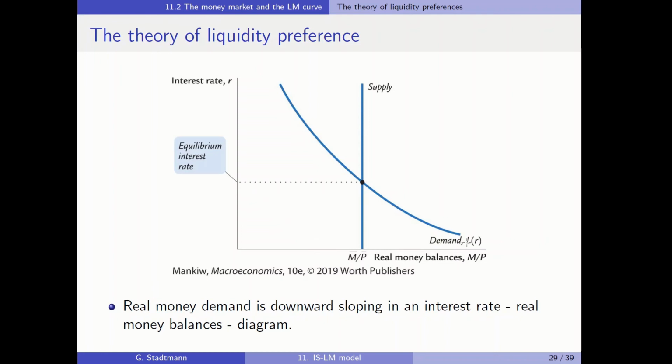Of course, the equilibrium in the money market will be where the supply curve and the demand curve intersect. So with this model we have at hand here, we can determine the equilibrium interest rate. This money market model is good to determine the interest rate in equilibrium.